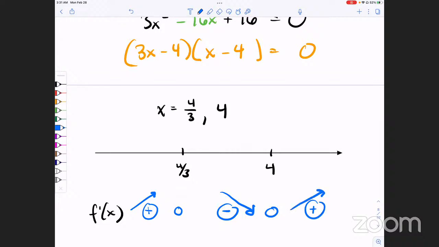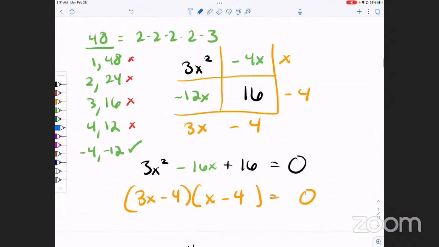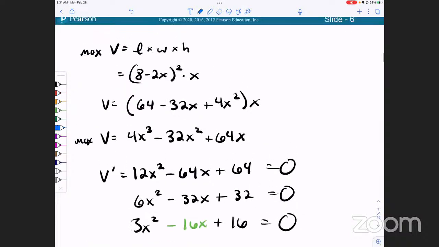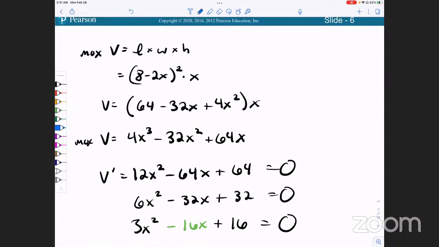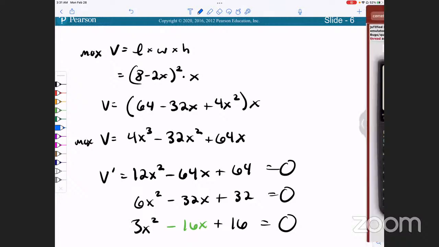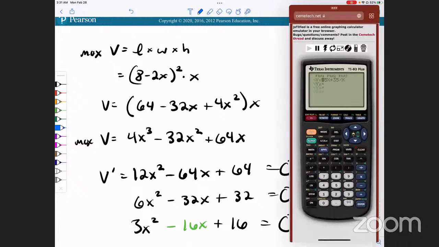Okay, so now if we want to maximize the volume, our local max is going to occur when x is 4/3, and we just need to find the corresponding y. So my y equals, we got this 4x to the power of 3 minus x squared.